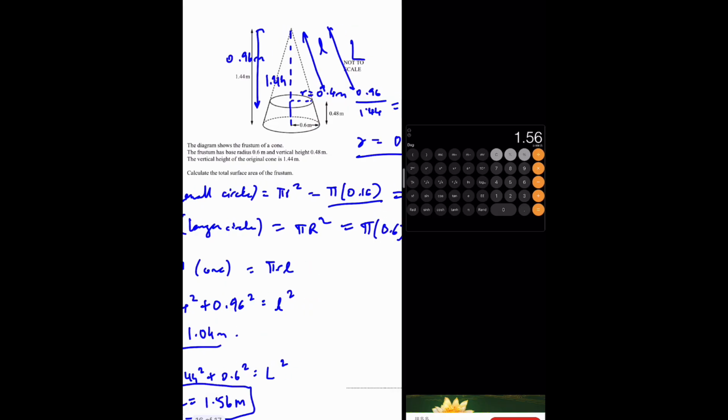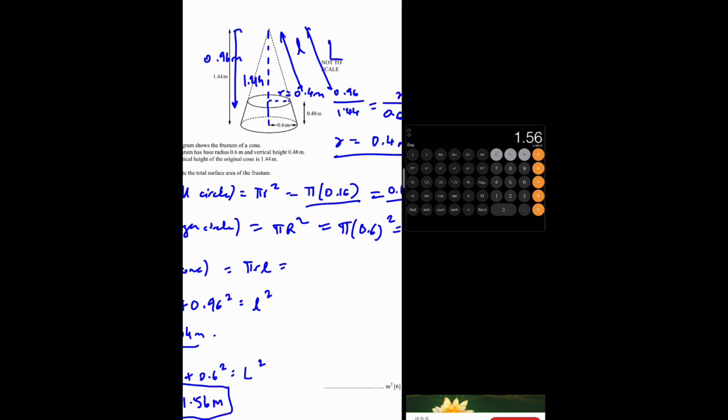So now, pi r l for the small letters is going to be pi times 0.4 times 1.04, which is equal to 0.416 pi. And what about the capital letters? Pi capital R capital L is basically the curved surface area of the larger cone.